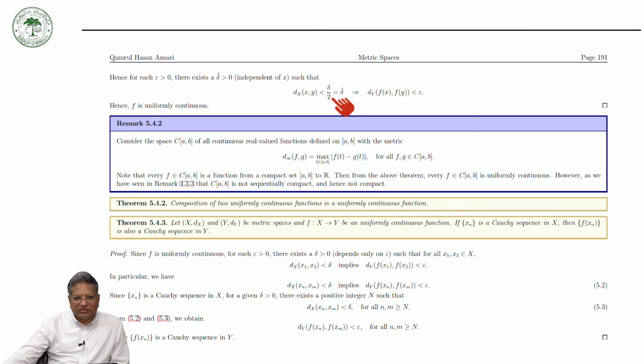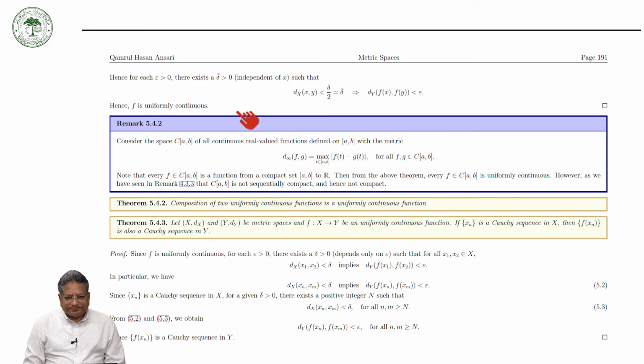So, here you can see that this delta tilde is independent of x. So the distance between x and y being less than delta tilde implies that the distance between f of x and f of y is less than epsilon. It means that the function f is uniformly continuous.